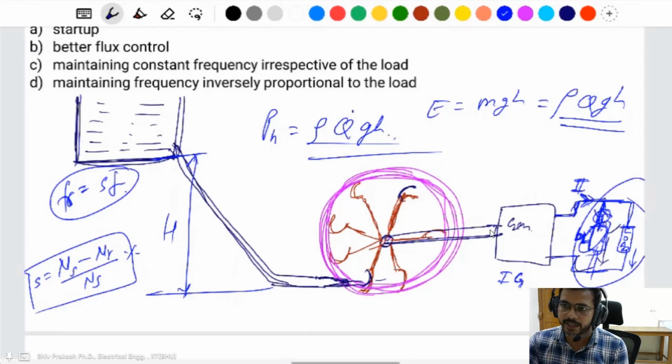The inverter supplies or generates the voltage at a level of 50 hertz. If the load and the speed of the turbine change, the generator speed will vary and the frequency also varies, but a DC voltage is maintained at the output of the DC-DC converter. The converter output is the DC input of the inverter.